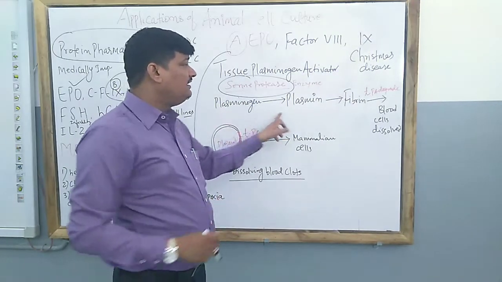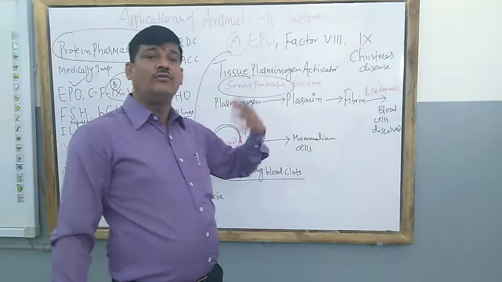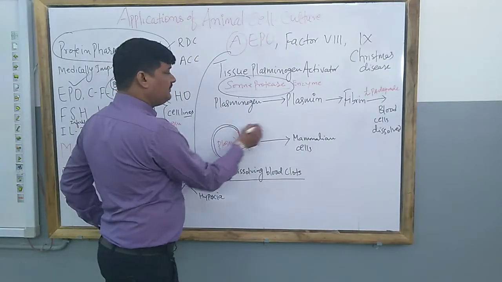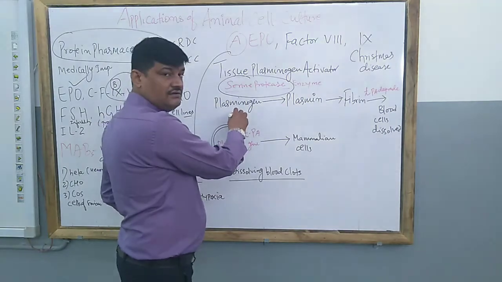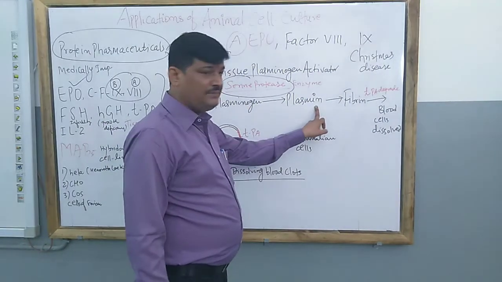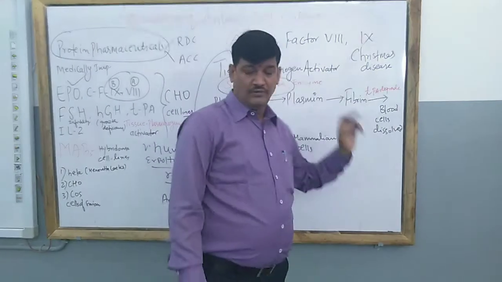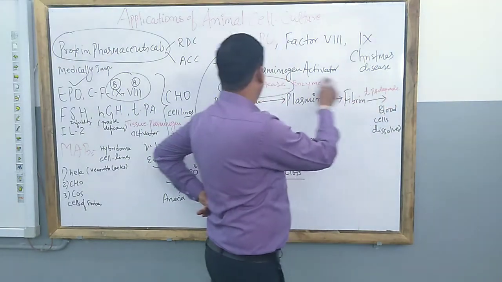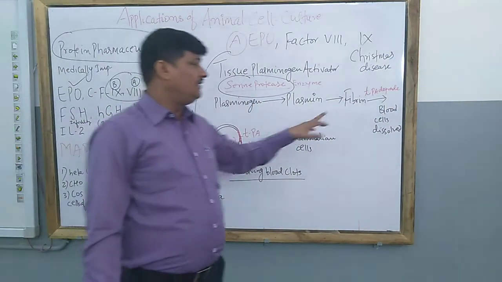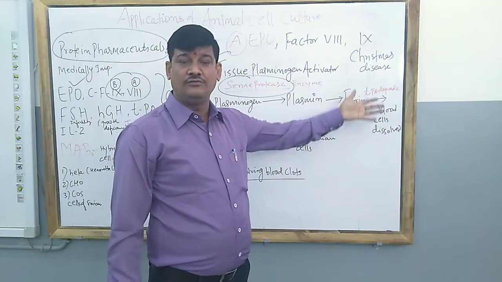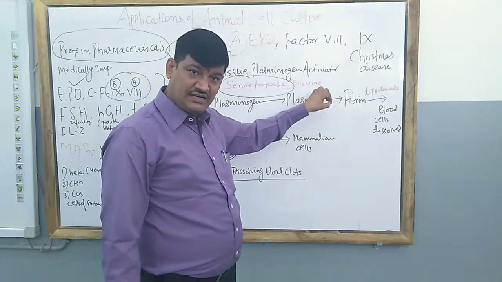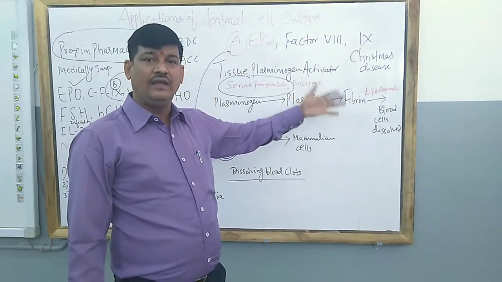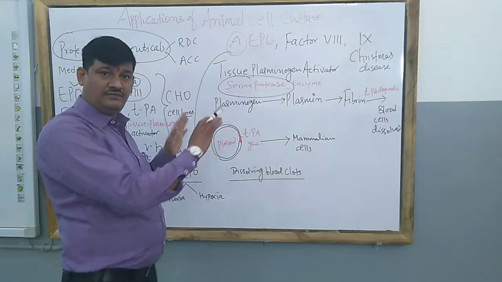But here, plasmin is responsible for dissolving the blood clot. Plasminogen is an inactivated form of the enzyme. It is converted into plasmin, and thereafter plasmin acts on fibrin, and when treated with TPA, that is tissue plasminogen activator, the clot dissolves. So whenever it is injected into the body, wherever the clotting of blood takes place, it will be dissolved.